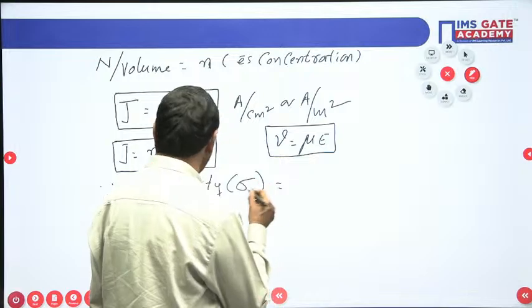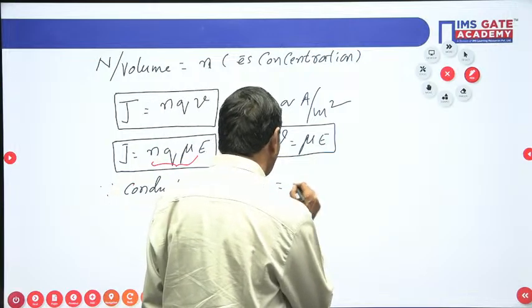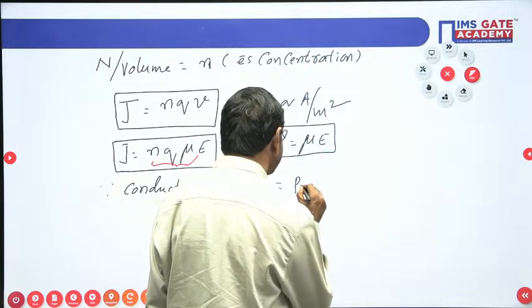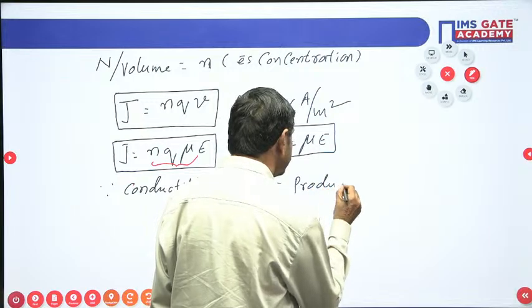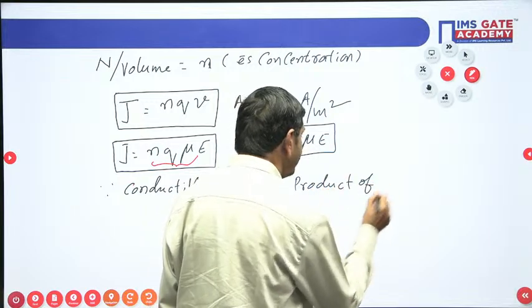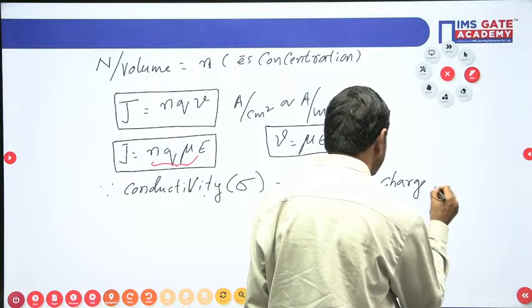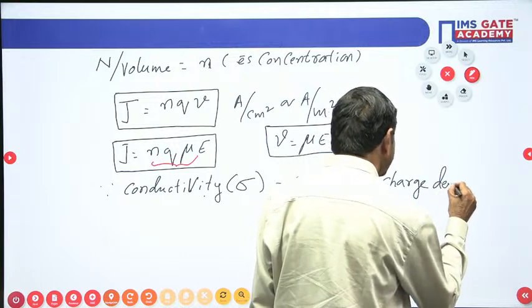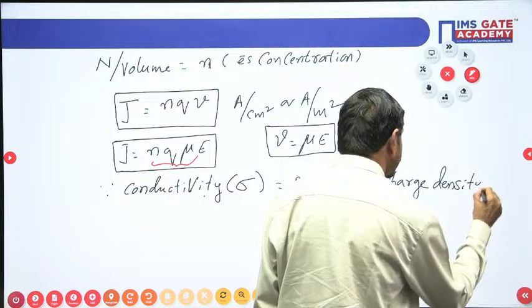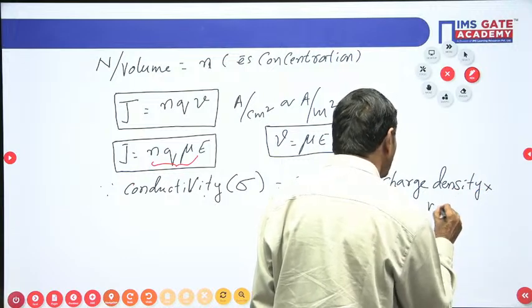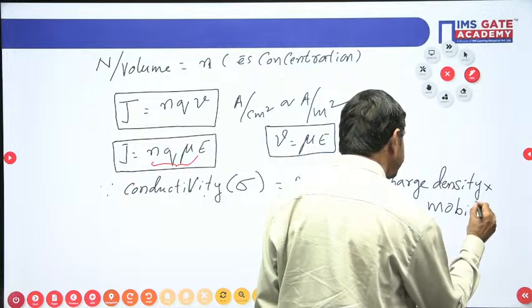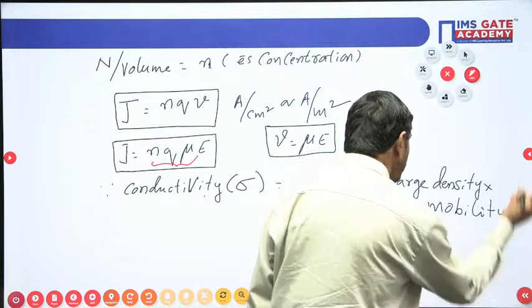What can you define conductivity as? It is the product of charge density and mobility. Charge exactly means charge density, clearly write. Charge density into mobility.